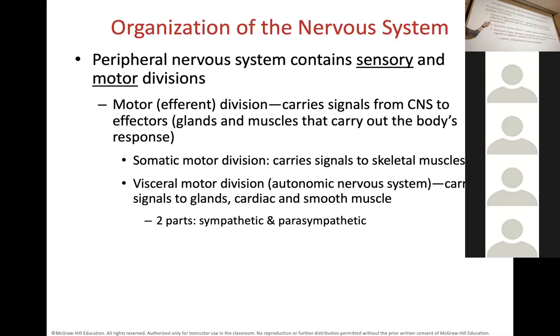So we divide it into the somatic, which would be mostly just skeletal muscles. So sending a message to, like I said, your finger maybe to pull it away from a hot plate or stove. Visceral motor division is going to send messages to your viscera, your internal organs and glands, as well as cardiac and smooth muscle will be your internal organs.